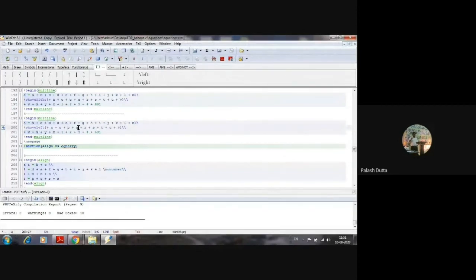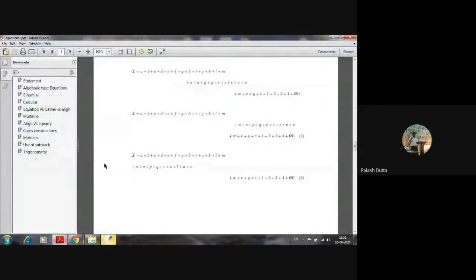See here. So left, left. It means the second line of these multiple lines will be left justified.